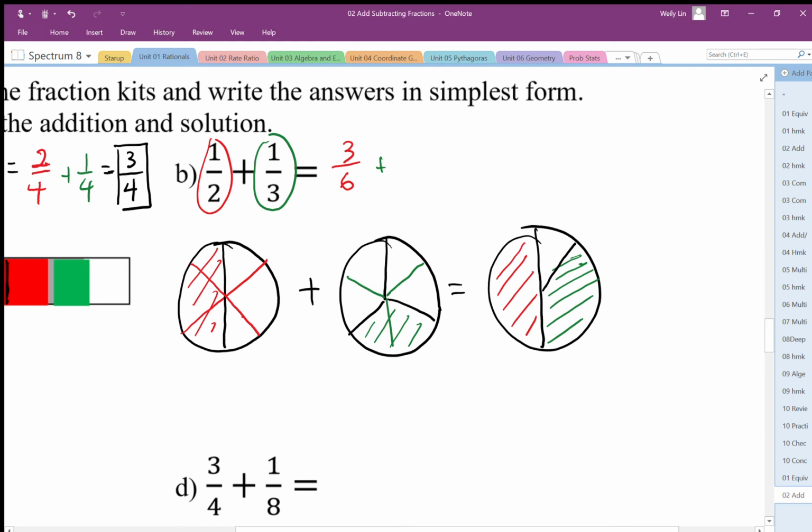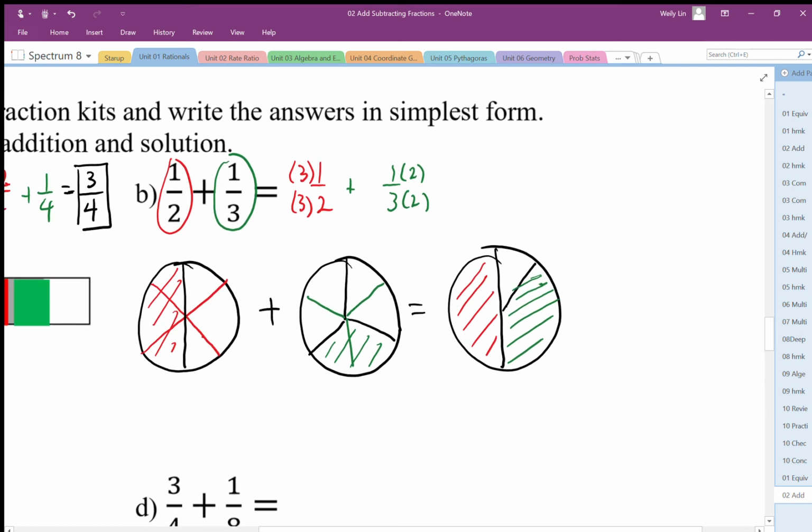I'm going to show the steps in here. So this becomes 1/2, and I did groups of 3, so times 3 times 3, plus my 1/3 fraction. I'm going to do groups of 2, so times 2 times 2. What I end up with, and my picture confirms it, my picture doesn't lie, is 3/6 in red, and in green, 2/6.